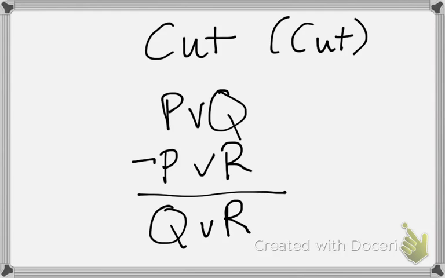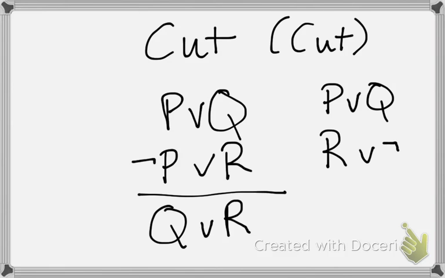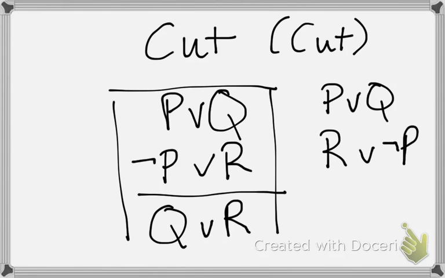So, for example, what wouldn't fulfill the rule of cut is if you have P or Q and then you have R or not P. Even though this is clearly equivalent to what is the correct form, we can't use it. It needs to be in exactly this form.